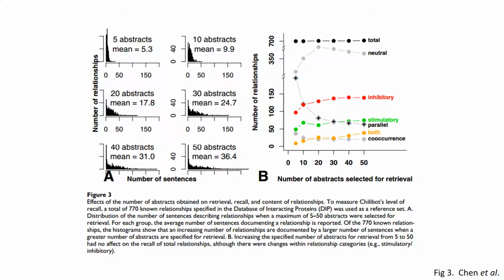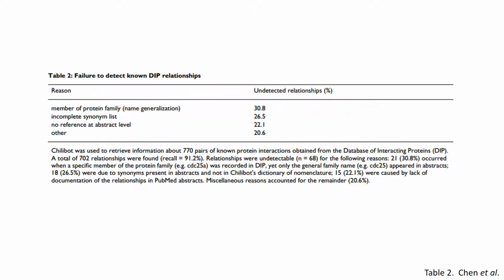But as the number of abstracts used increases, the number of relationships also start to be skewed to the right. This is just more showing that the amount of abstracts used doesn't really impact the amount of relationships found, as long as the number of abstracts is not above 30, which is the limit for this system.